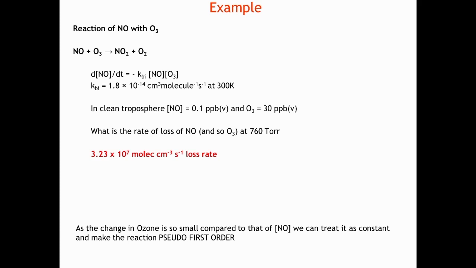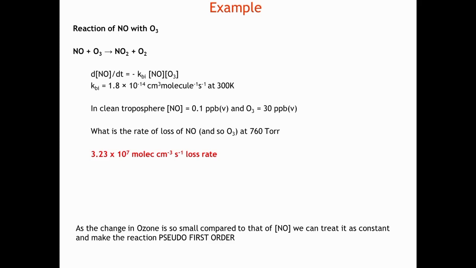So dNO by dt is the bimolecular rate constant for the destruction, so minus k bimolecular, times the NO concentration times the ozone concentration. And that rate at 300 Kelvin is 1.8 times 10 to the minus 14 centimetre cubed per molecule per second.